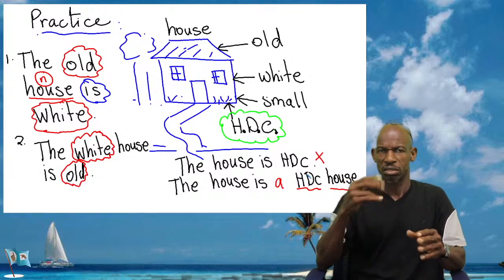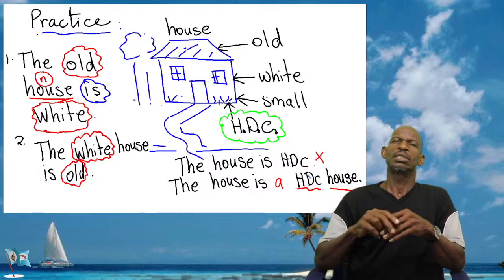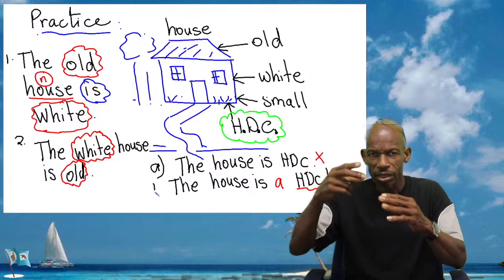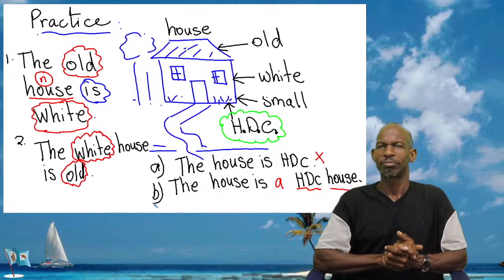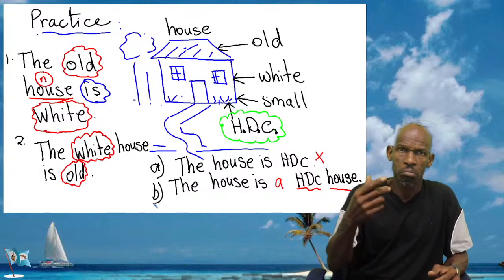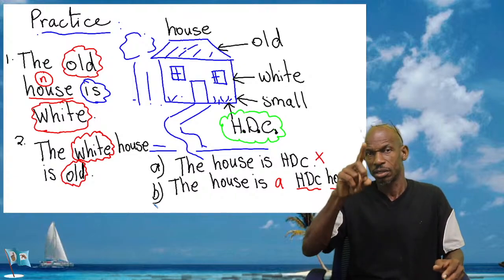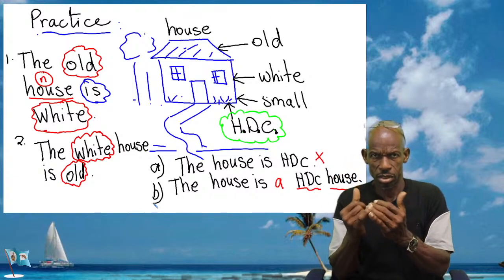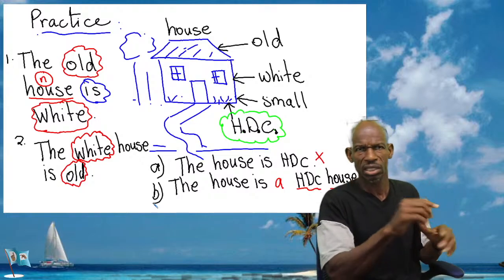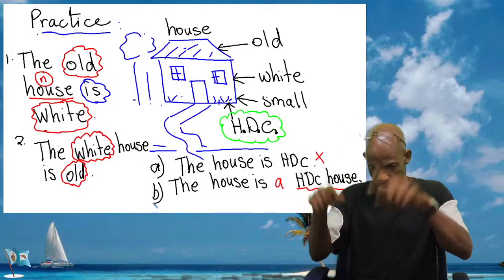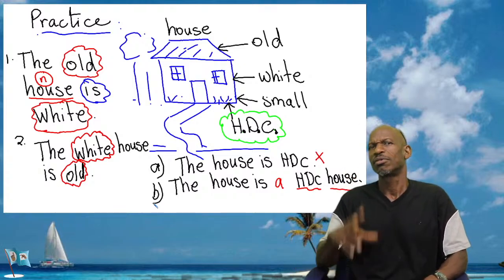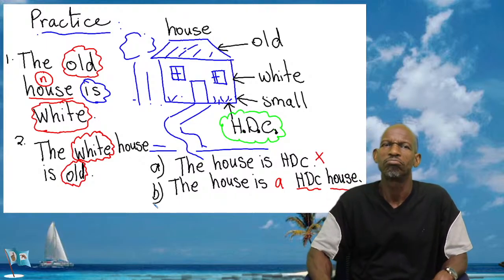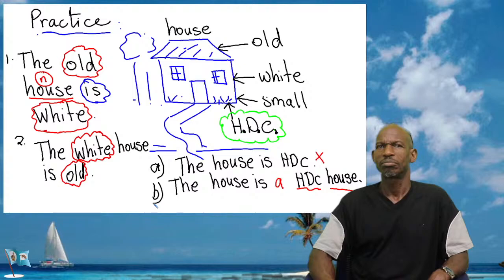If you write it like that, I'm going to put it A and B. If you say A, the house is HDC, you are telling me that this house is HDC. That is the company. That is where the company is. So HDC moved from Port of Spain, and it is in this old small house right now. So that is what you are saying if you say the house is HDC. That will be the meaning of that sentence, but that is not really what you want to say.